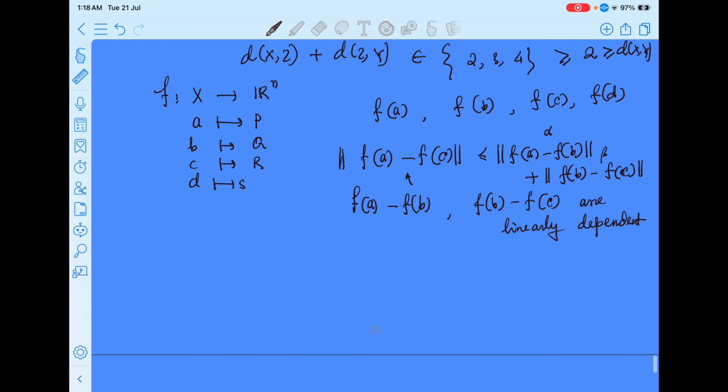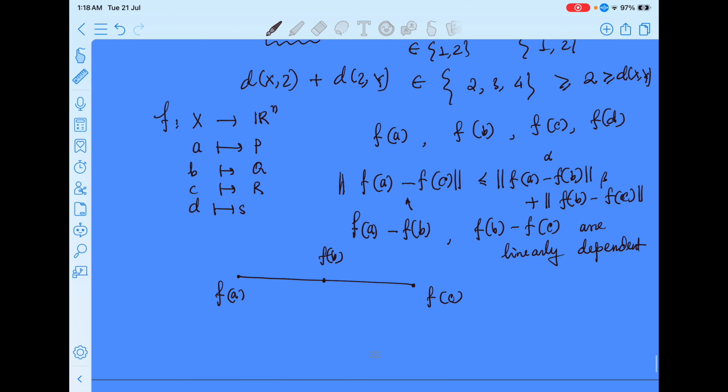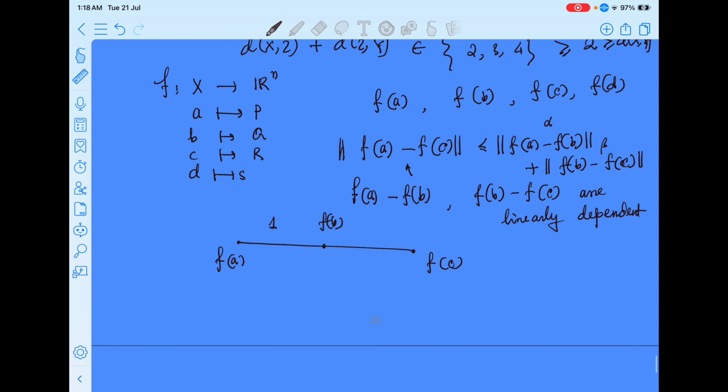Geometrically it says that f of b lies on the line joining f of a and f of c. As this map is distance preserving, the distance between f of a and f of b is 1, the distance between f of b and f of c is 1, and the distance between f of a and f of c is 2.